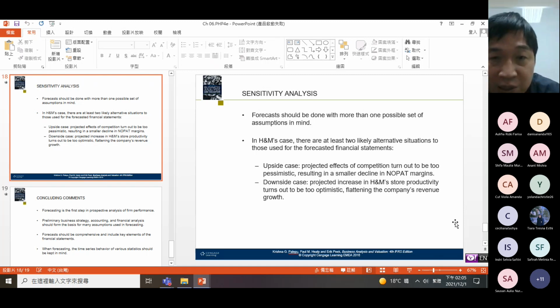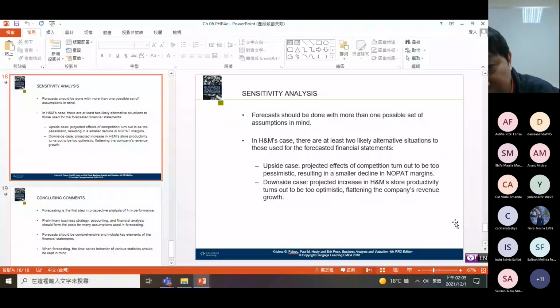Next we introduce the sensitivity analysis. Forecasts should be done with more than one possible set of assumptions in mind. In H&M's case, there are at least two likely alternative situations to those used for forecasting financial statements.